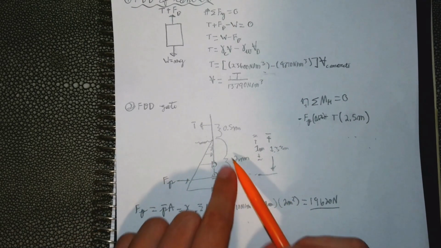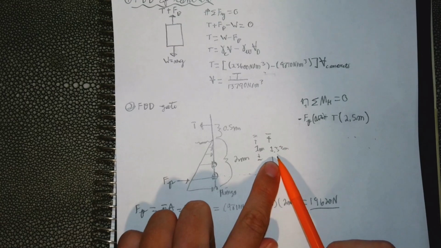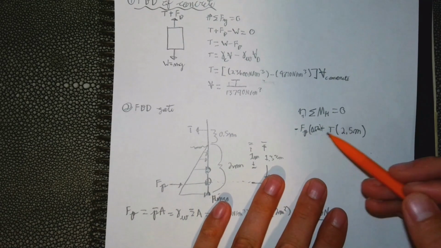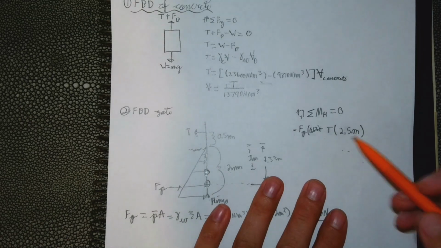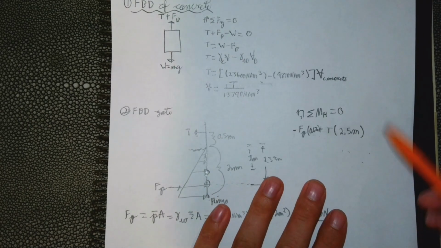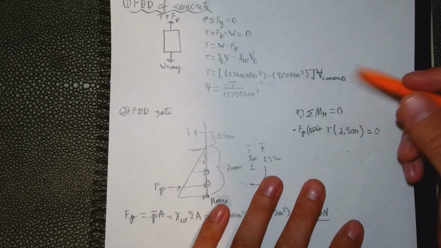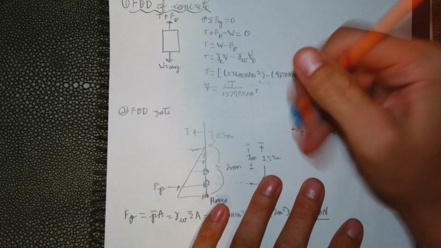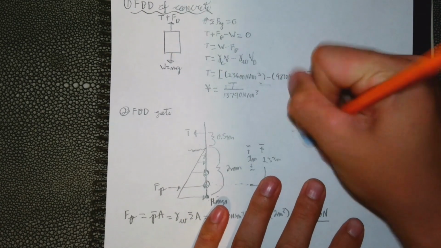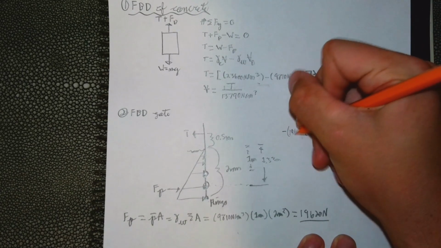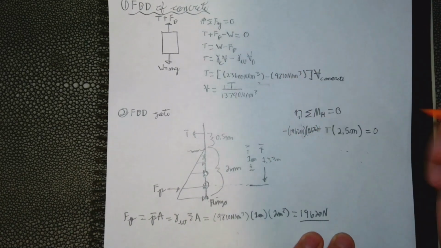So I just did 2 minus 1.33. That says 0.67 meters minus tension times 2.5 meters, and that all equals 0. So I gotta fill this in as well: the pressure force, 19,620 newtons.